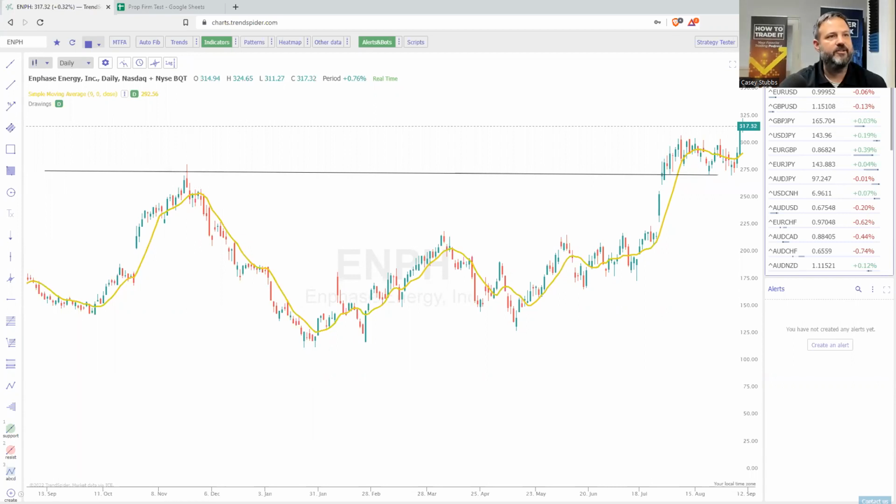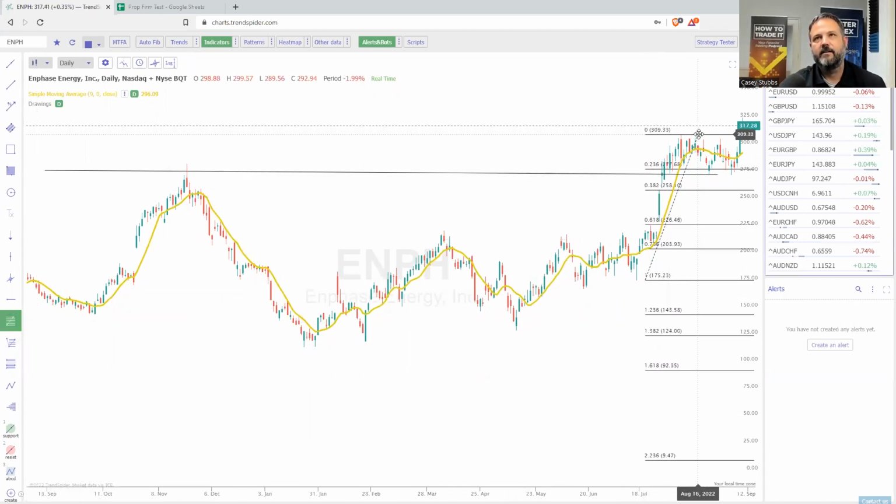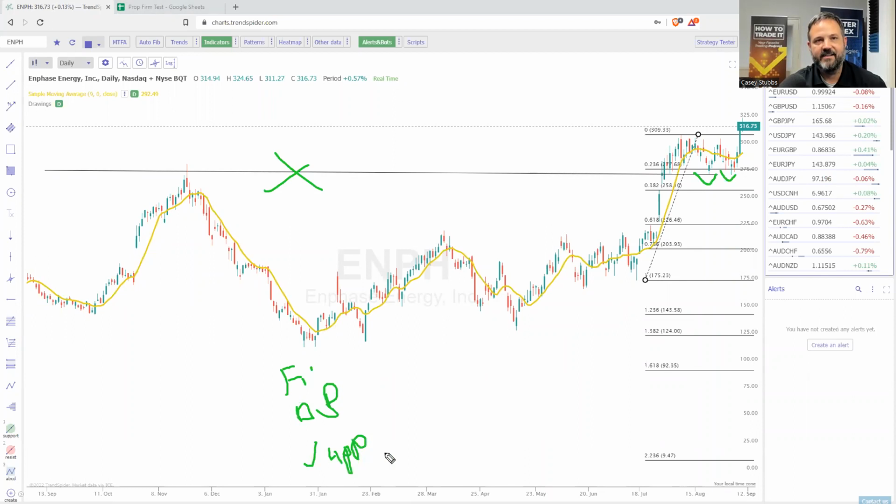Let's draw the fib just so we can see it. We've got the fib bounce off of the 236. We've got what else? A double bottom. So we've got fib, double bottom. What else? Oh, we've got support. Okay, this is like you're building a case, right?